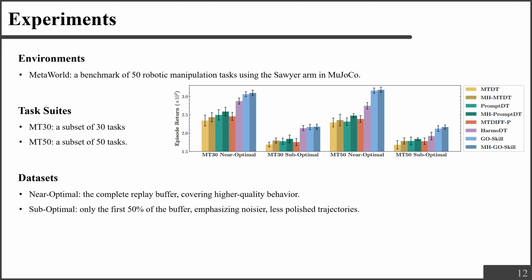And the final one is HarmoDT, that is DT with task-specific masks to mitigate gradient conflict during sharing.